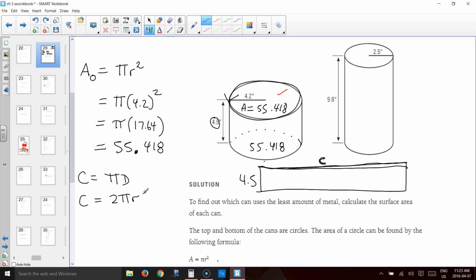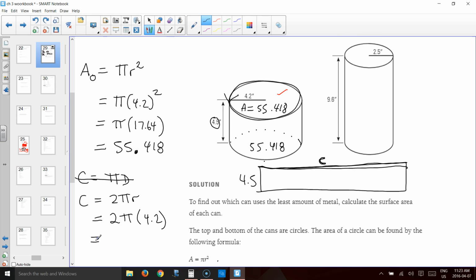I don't care which one you use. I'm going to use the bottom one because we don't have a diameter in the picture, we have a radius. So circumference is 2 times pi times a radius of 4.2.